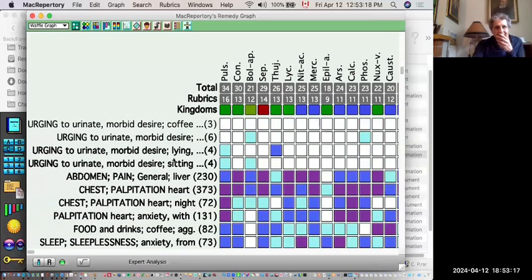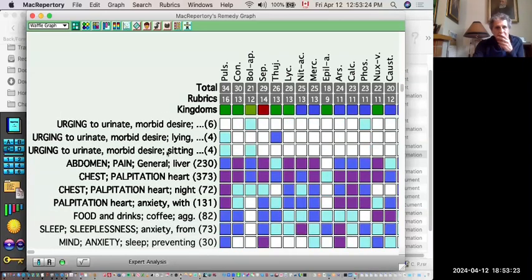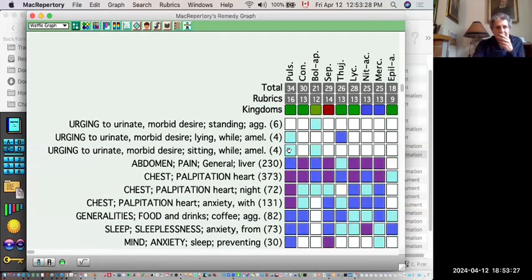If we look at standing, it was better sitting. I'm sorry, it was better sitting, worse standing. So it's here, going to be different, and better sitting and better lying down. Okay, so I'm sorry, it was better sitting also. So the only remedy that had both was Ganoderma.